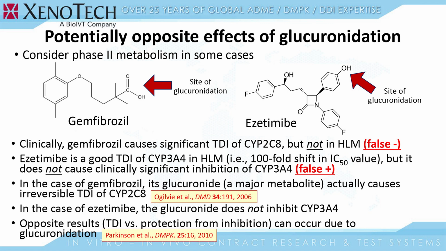So just to summarize, the design of the in vitro experiment, the choice of the test system, and looking at in vitro and in vivo data combined is the best way to understand the true drug-drug interaction potential of the compound. So as these examples show, with glucuronidation, opposite results, time-dependent inhibition, protection from inhibition can occur due to glucuronidation.